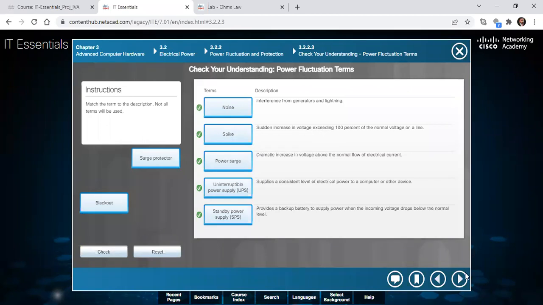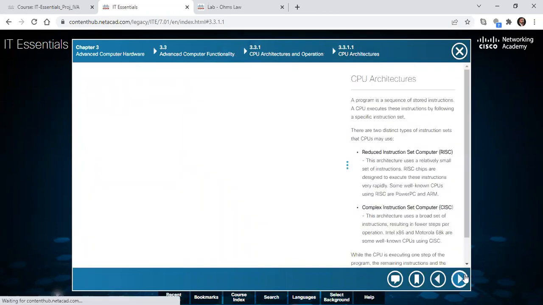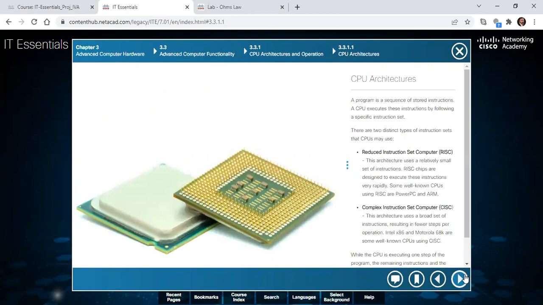So we're moving to the next right now. So we're through with the power. So if you have any question concerning power, please ask before we move into the CPU architecture and operation. Now we want to see how the particular CPU is being designed. Okay, we know CPU is the central processing unit. So this diagram you'll see is called CPU, which I think we talked about in chapter 1. So we want to now identify the architecture of the CPU.